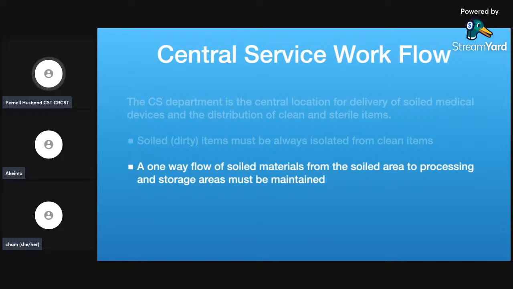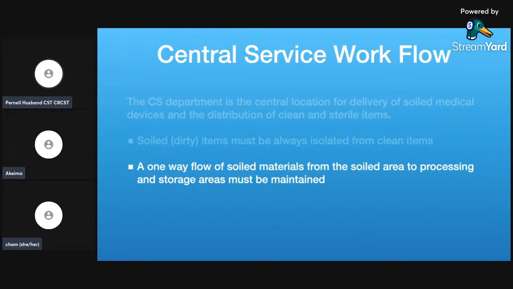So this one-way flow that we're talking about here, I want you to conceptualize it. Dirty items are used. There's one route that they can take from the operating room to the centrally located area, the decontamination area, where they're going to be processed, right? We can't park them. Oh, I'm gonna hold these over here for a minute. I'll take these over there and I'm gonna get it later.